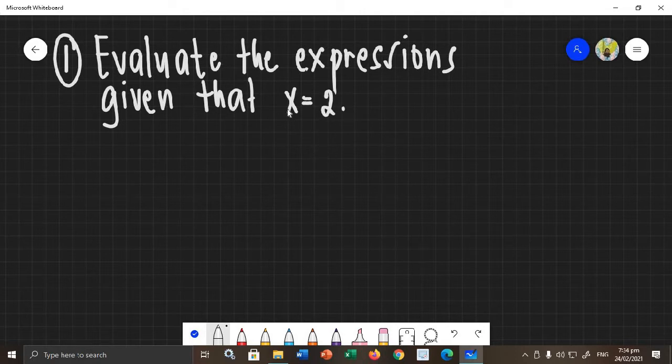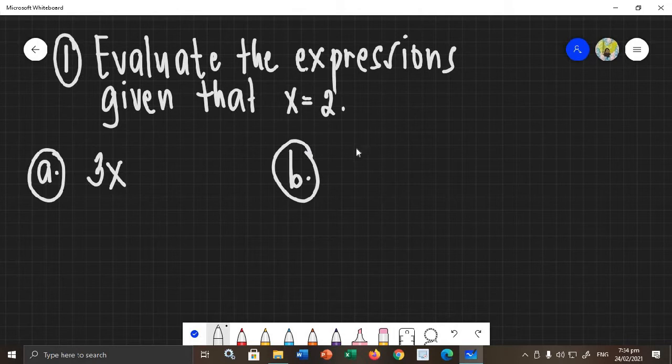The given algebraic expressions are the following. First is 3x, and the second one is 2x squared plus 4x minus 1. The first is a monomial, and the second one is a trinomial. So how do we evaluate these expressions given that x is equal to 2?